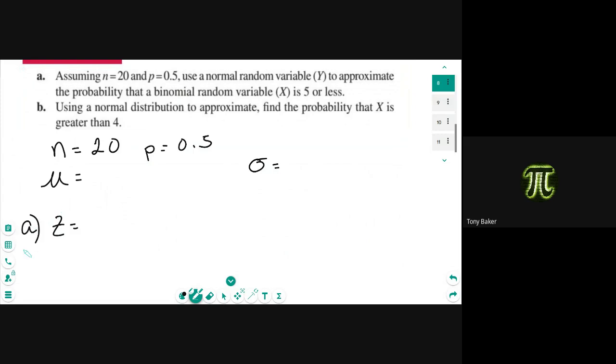So what's my mean? And what's my standard deviation? 0.24. Yes. Rounding down.